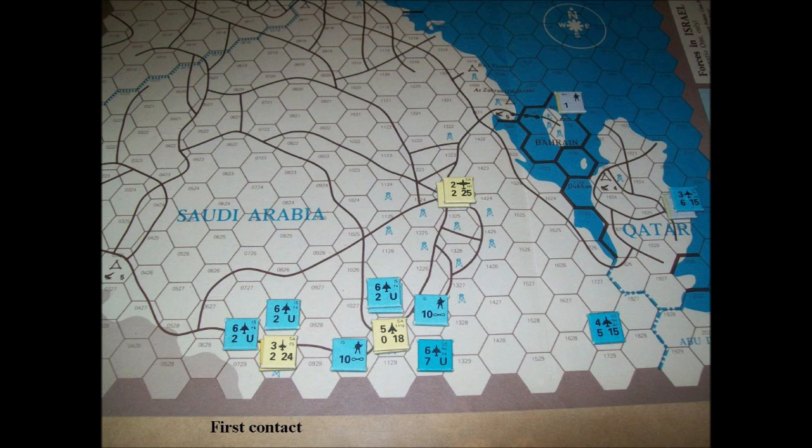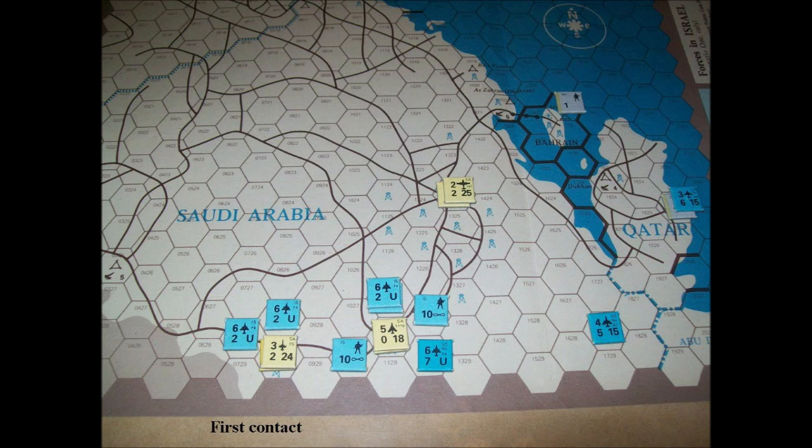A turn represents 2 days of time, and most of the units are brigades, and there are some air units, which are generally squadrons. In this scenario, the Arab player controls the forces of Kuwait, Bahrain, Saudi Arabia, Iran, and Iraq, and the American player controls the United States, Israeli, and European units.